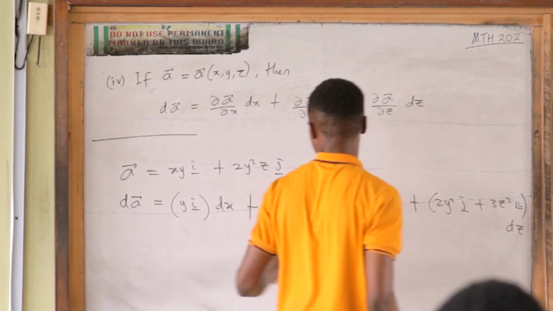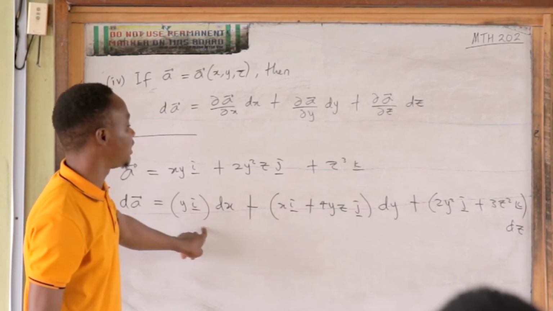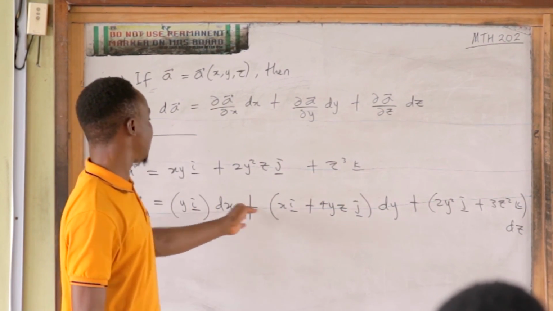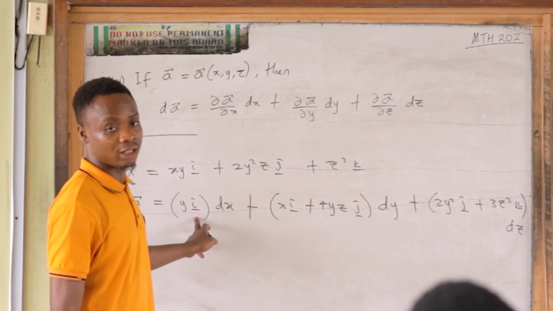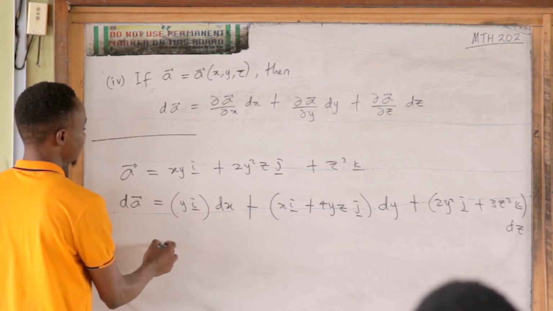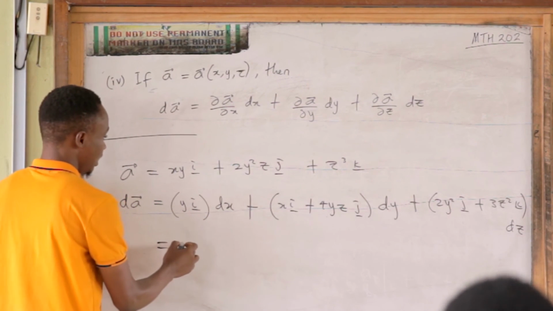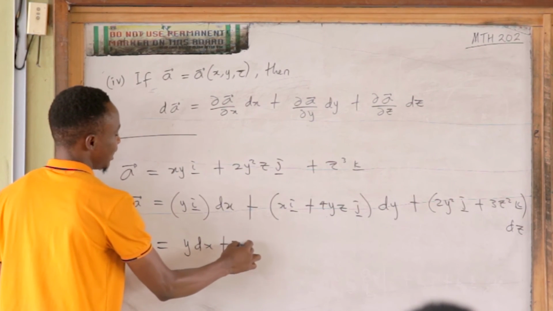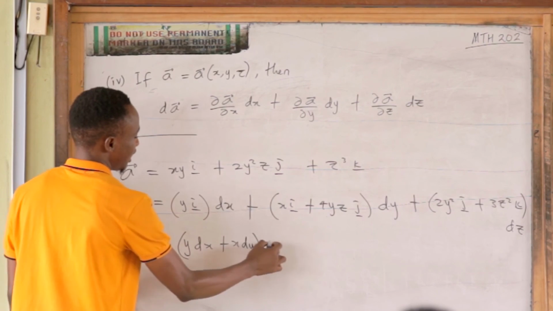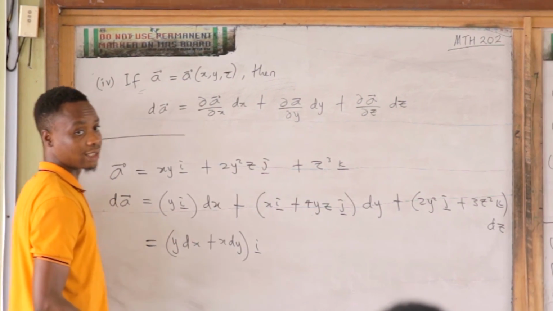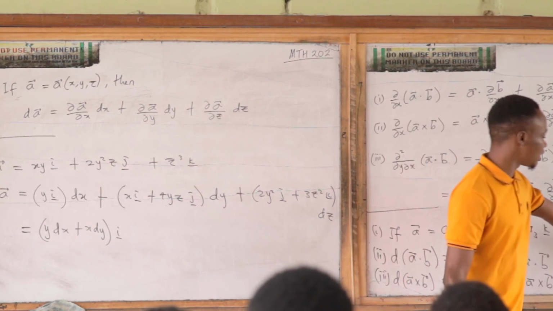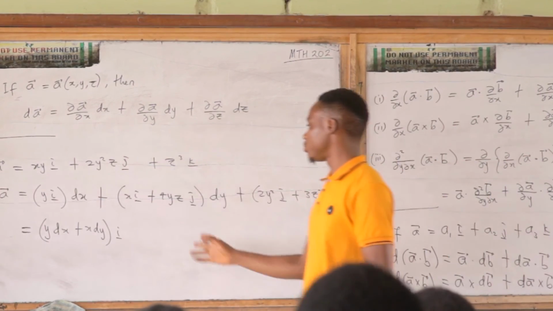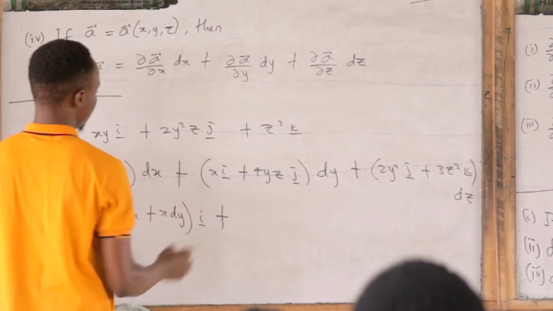I can recognize that this differential is actually a vector, so I can write it in vector form, bringing together the like coefficients in terms of the unit vectors. Those containing i: y dx plus x dy, times i.